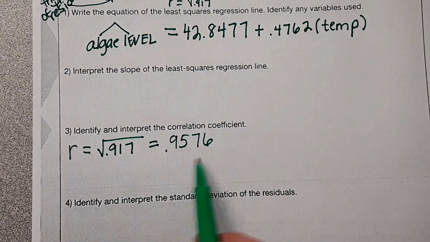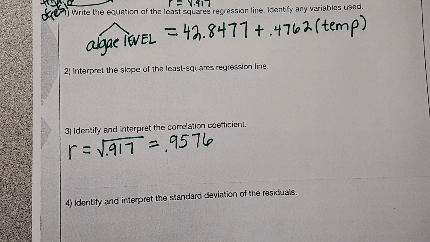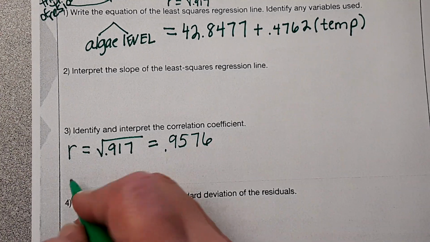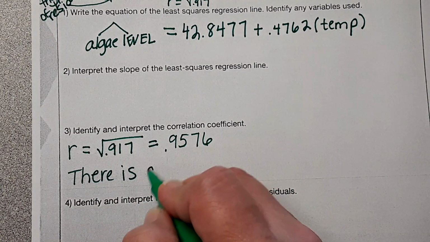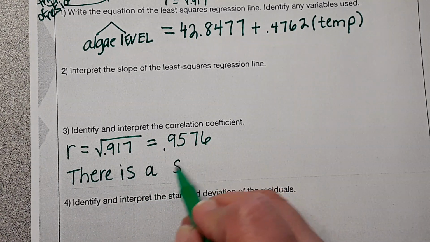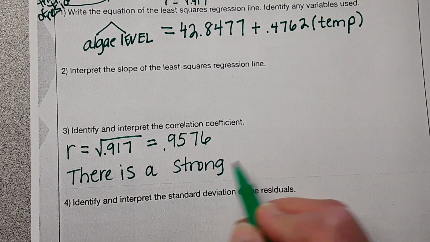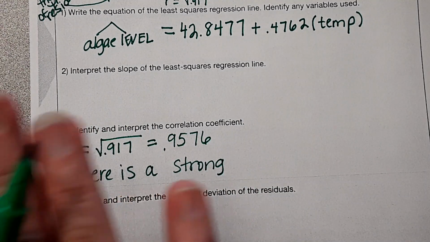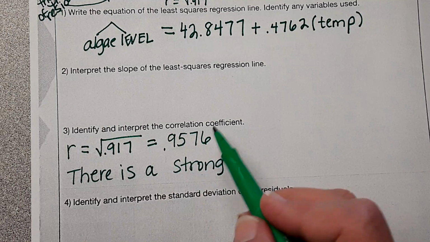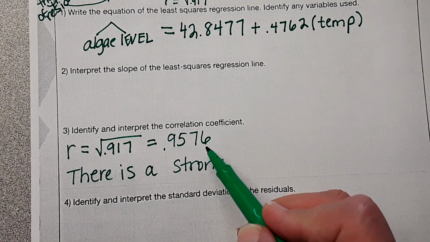So what does this mean? 0.9576. What does that mean? There is a strong, now, in context, right? We haven't looked at a picture, but from that what should it mean?